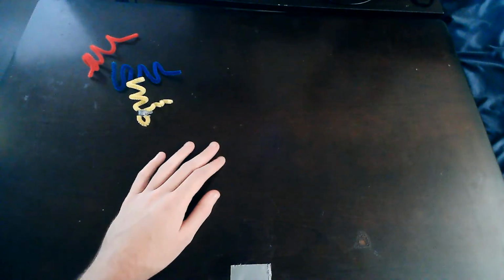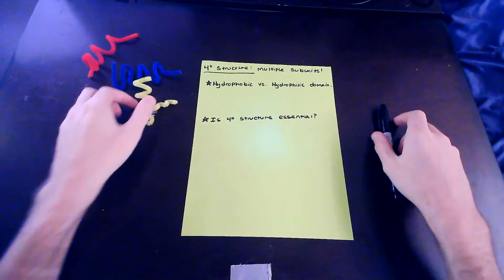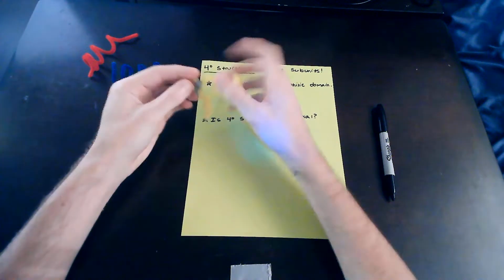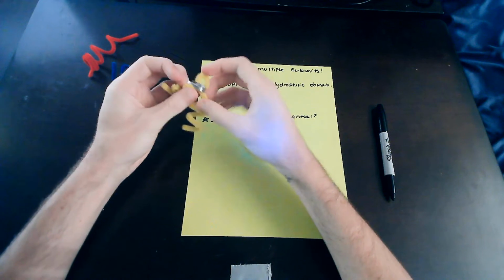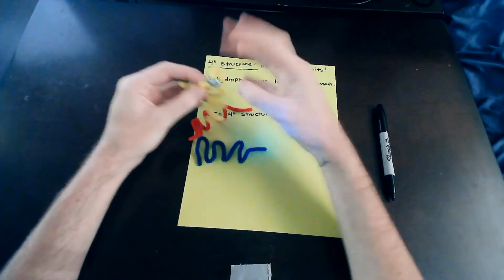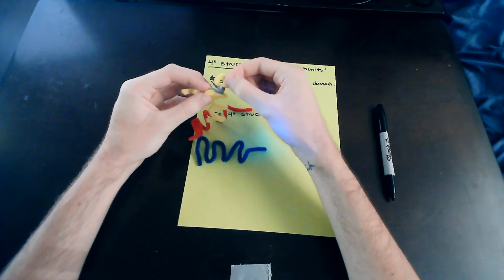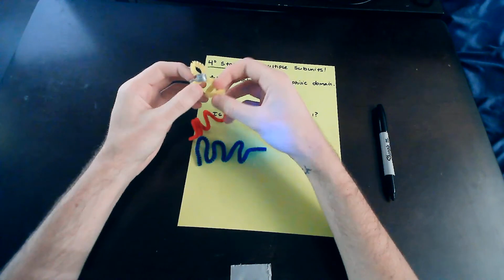Alright, so finally we're going to end with quaternary structure, which is multiple subunits coming together. So let's say that this right here is going to be a hydrophobic domain. So whenever we bring all these subunits together, we kind of want to shield this, because if this is going to be hydrophobic, the outside of the protein is going to be in water.